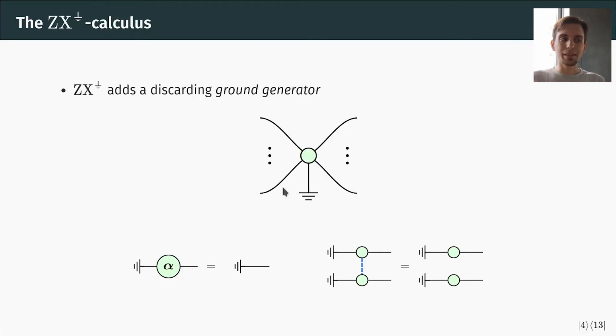Since this ground operator will always be connected to a spider, we will call the whole construction a grounded spider. The calculus also defines a number of extra rewrite rules. Between them, we have the discarding one that deletes spiders connected to grounds, and another rule to disconnect grounded spiders connected via Hadamard wires.